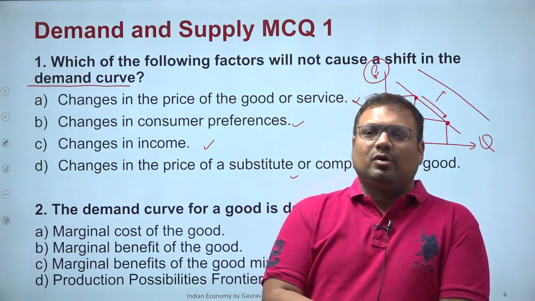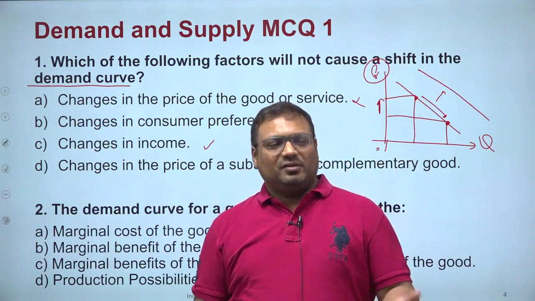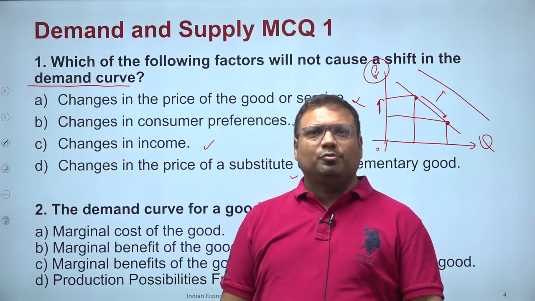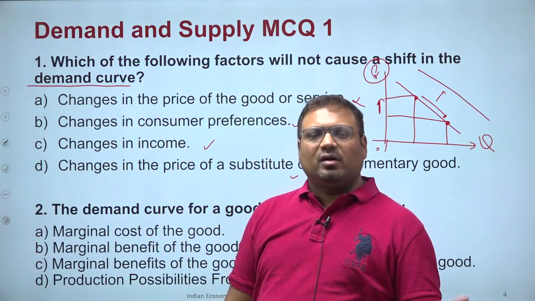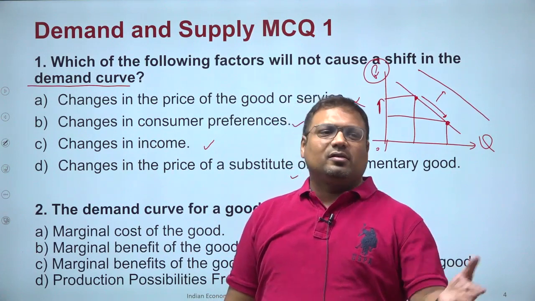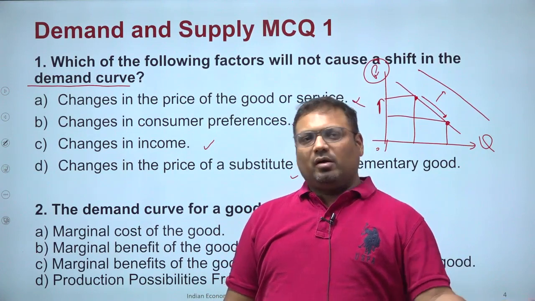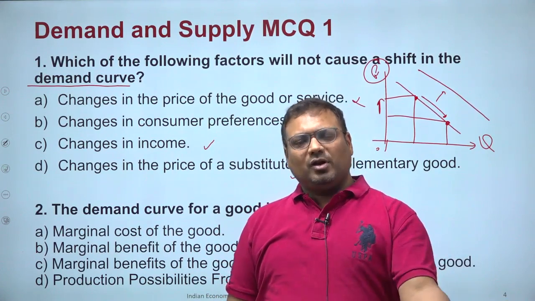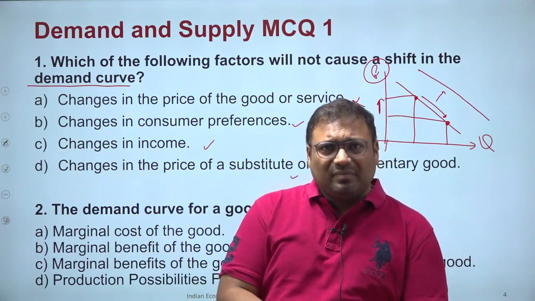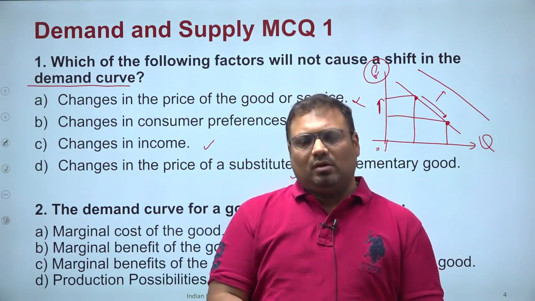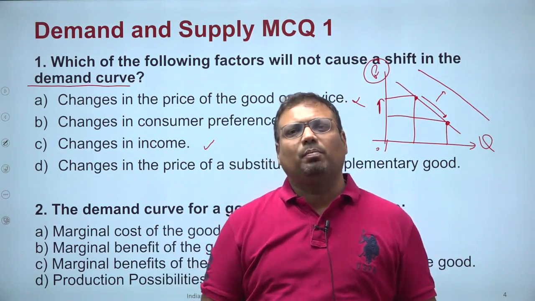What is a substitute? Coca-Cola is a substitute for Pepsi. Okay. Let us say you are a student, you use pens. So let us say Montex or Reynolds is a substitute for Cello. Or if we talk about luxury pens, then you can say Parker is a substitute for, let us say, Waterman, or Waterman is a substitute for Parker.